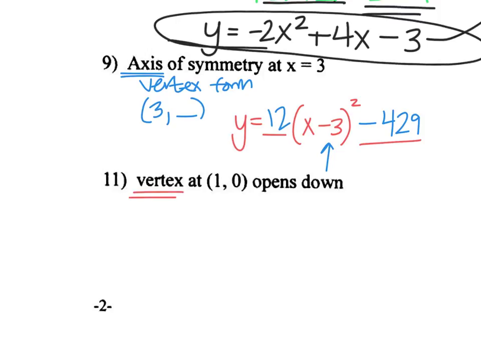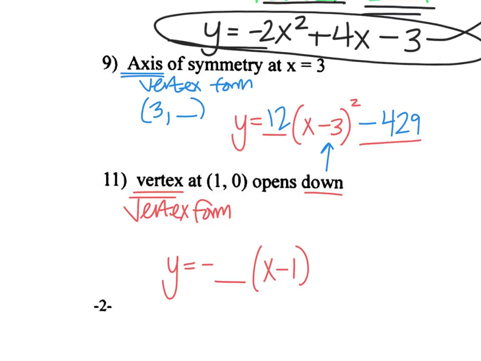Last one, again, vertex means vertex form. And then it opens down. So I'm going to say y equals negative something, (x - 1), inside's the opposite, squared, plus 0. Now, you have to write this minus 1. You have to have the negative sign.